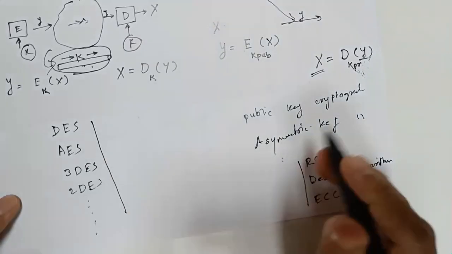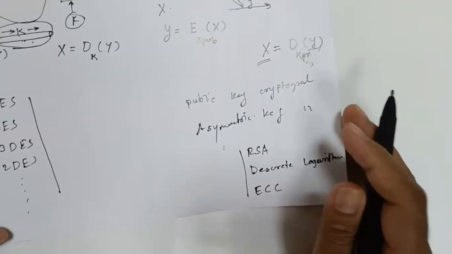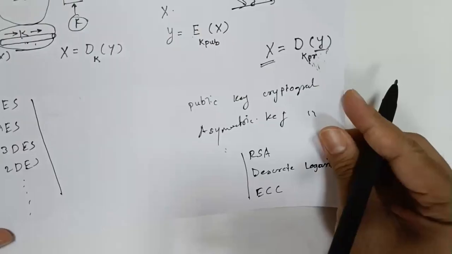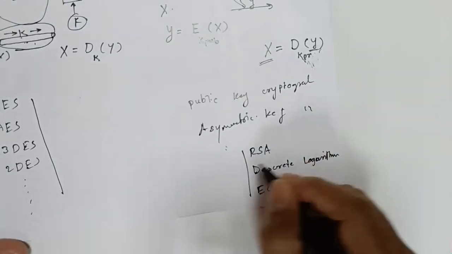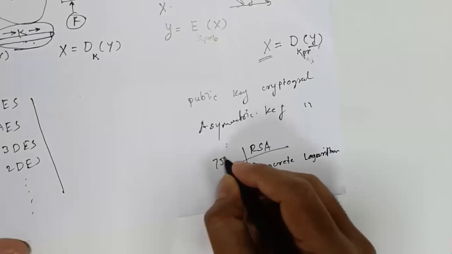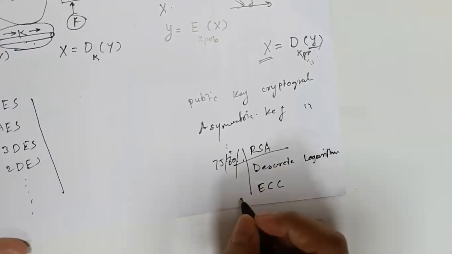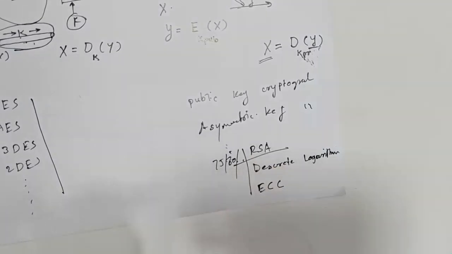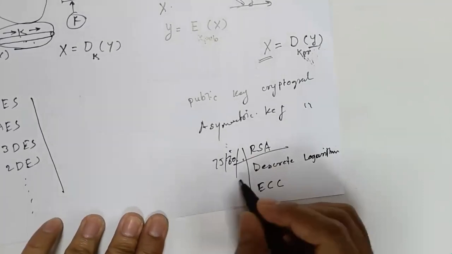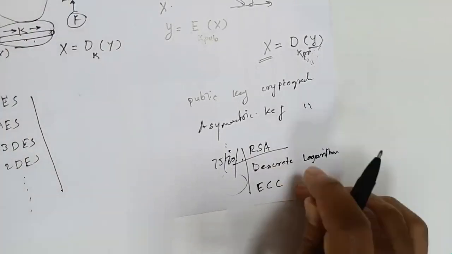If you talk about the market share or the usage of public key, RSA has almost around 75 to 80% of market share. So everyone uses RSA, and the rest of the usage is divided into these two algorithms.